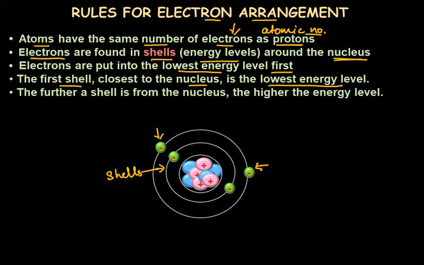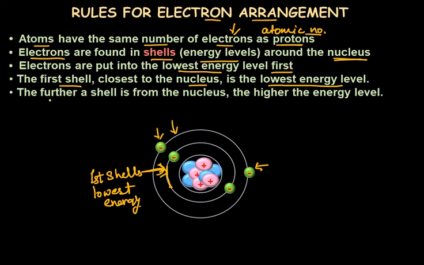In this shell the electrons will be filled first, and then when this shell is fully filled, electrons will fill up the next energy shell, and in this way the electrons will be filled in the shells further away from the nucleus after the inner shells are fully filled. We will understand this with the help of many more examples in the next part of this video.